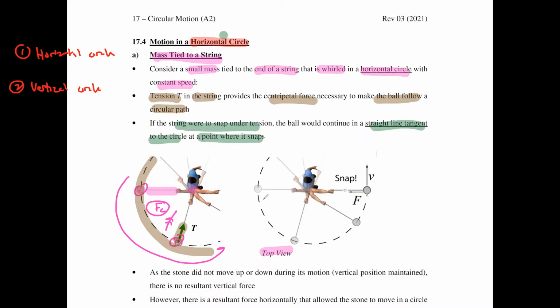So if the object was originally at this position, and you swing it too hard, and all the way to here the string suddenly snaps, the mass won't continue to move in a circle. Instead, it moves off tangent to the point where it snaps. That is what this statement is telling you. Just know that whenever something breaks, that thing cannot move in a circle anymore. It just moves in a straight line tangent.